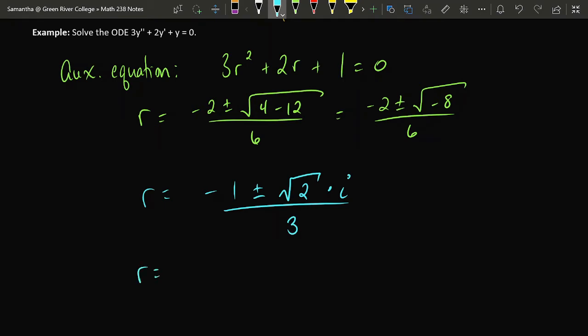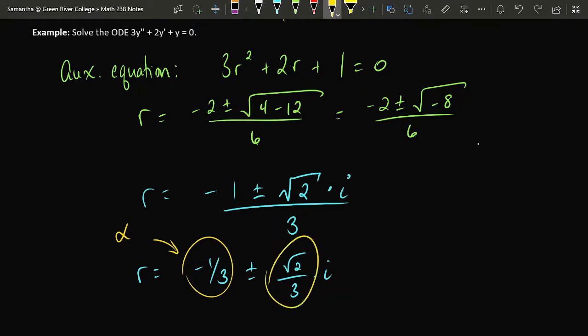Or, put another way, negative 1/3 plus or minus the square root of 2 over 3 times i. Now, in the language of the above theorem, the number called alpha would be this negative 1/3, the number that is not attached to any i values. And in the language of the theorem above, the number attached to the i would be what we call beta.